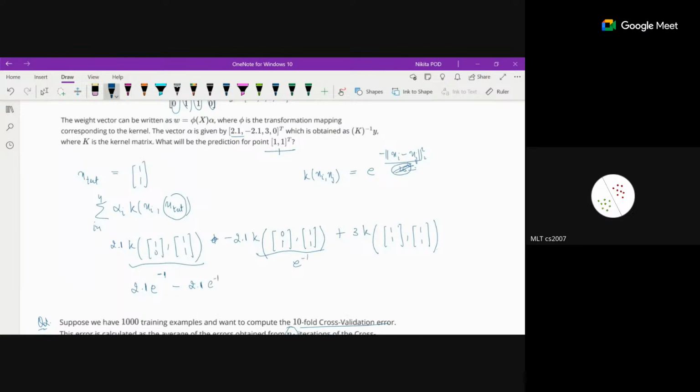So this gets cancelled out, and all you are left with is 3 times the kernel of 1 1 comma 1 1. That difference is 0, so e to the power 0 is just 1. So you are left with just 3. So this is how you can do it.